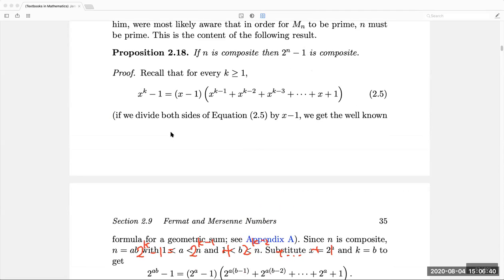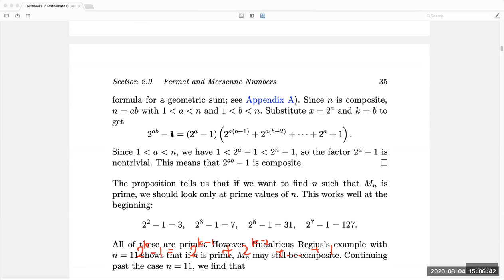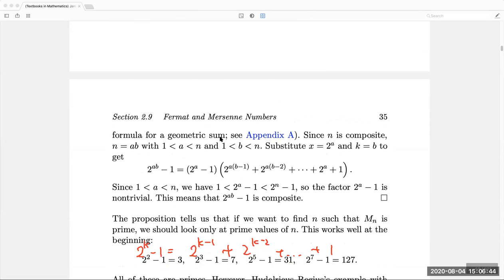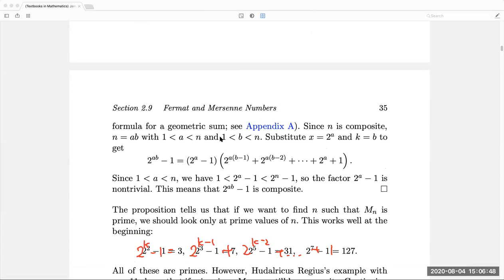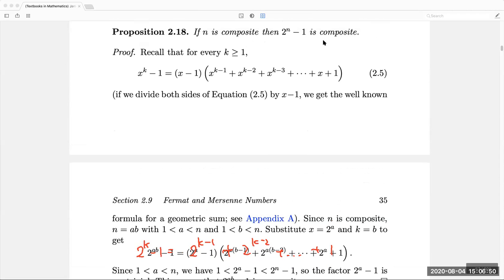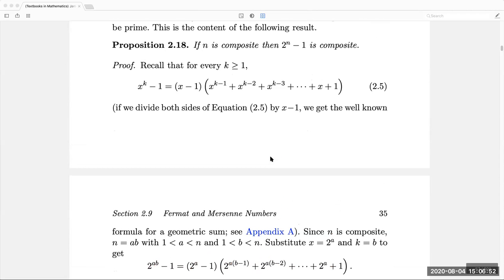And then you can see that if k, or the n, is a composite number, then it can be expressed as a times b.